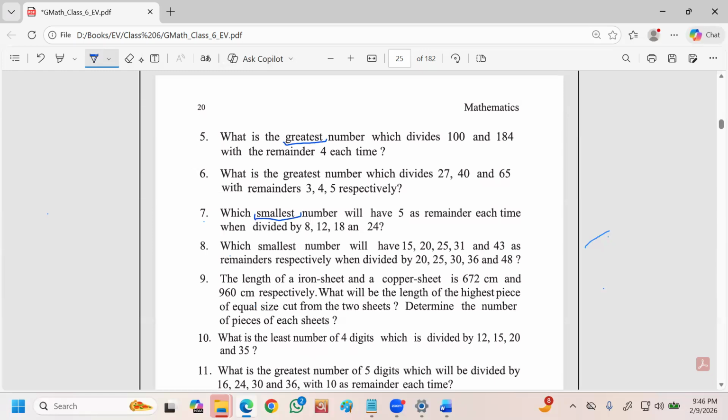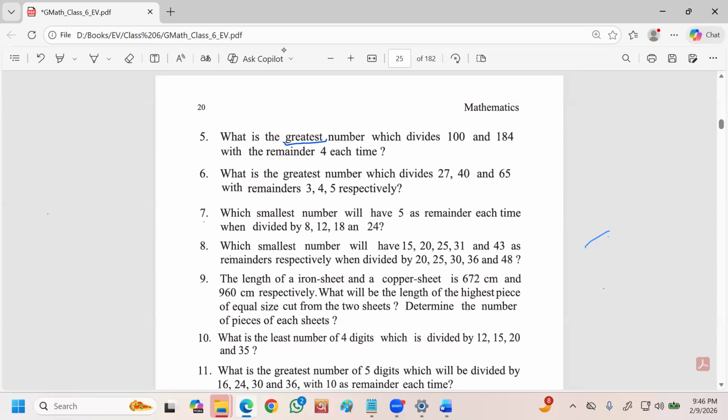In this type of problem, the word greatest might be present or the word smallest might be present. So whenever you see the word greatest, you will assume that you have to find the GCD here. That means you have to find GCD.